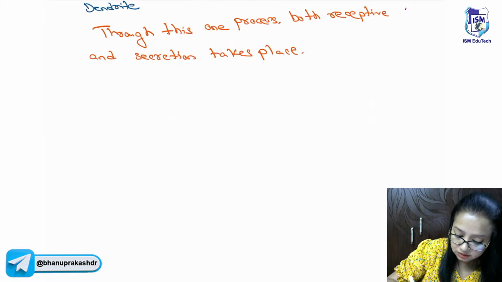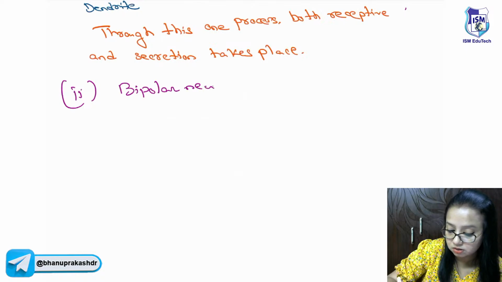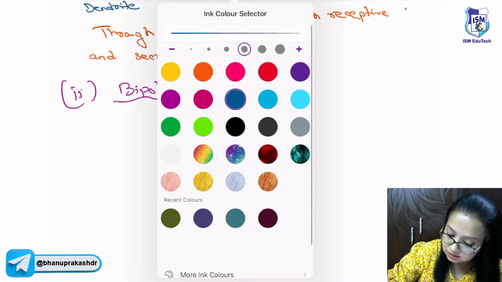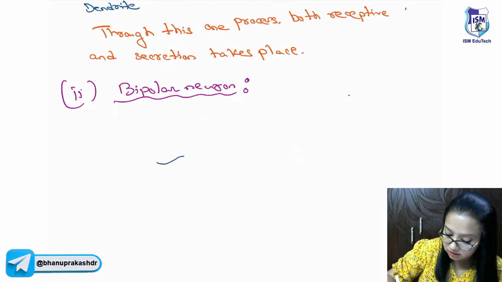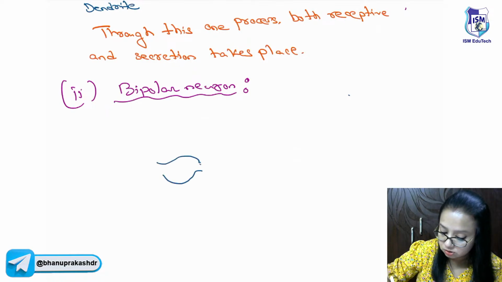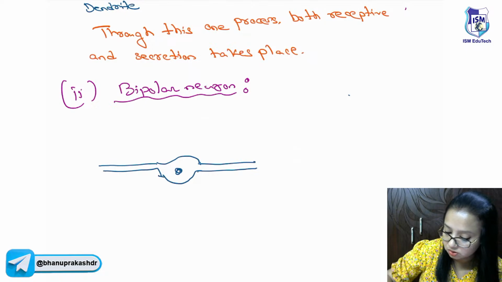The second one is the bipolar neuron. This bipolar neuron is such that the cell body is embedded, and two different regions extend out from it.